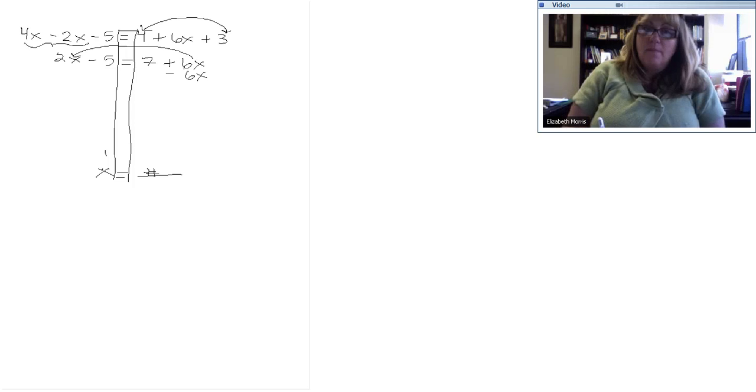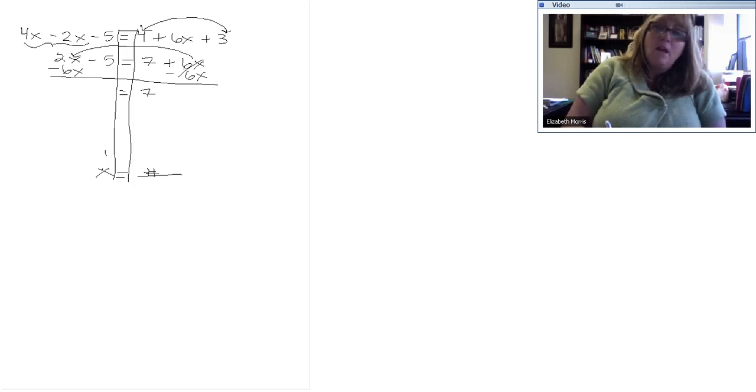It would be gone. But whatever you do to one side, you have to do to the other. This is gone, and I'm just left with 7, okay? But over here, I need to combine these. 2x minus 6x is negative 4x. And then I have a minus 5. Okay, I have all my variables, or my x, on this side.